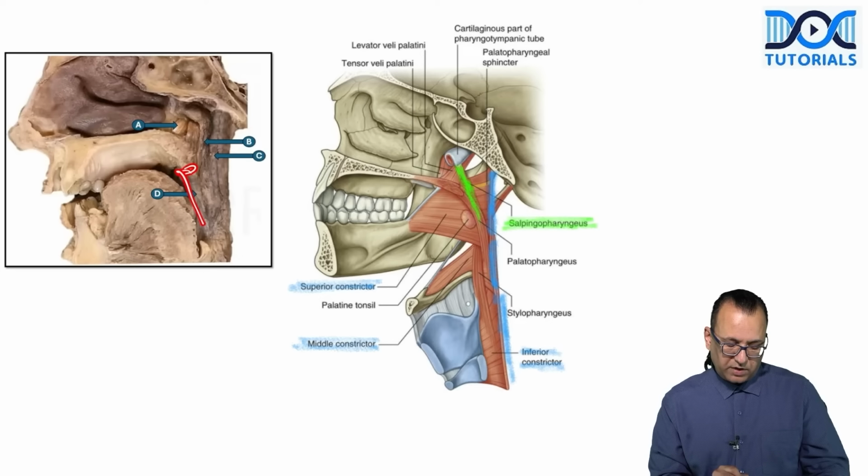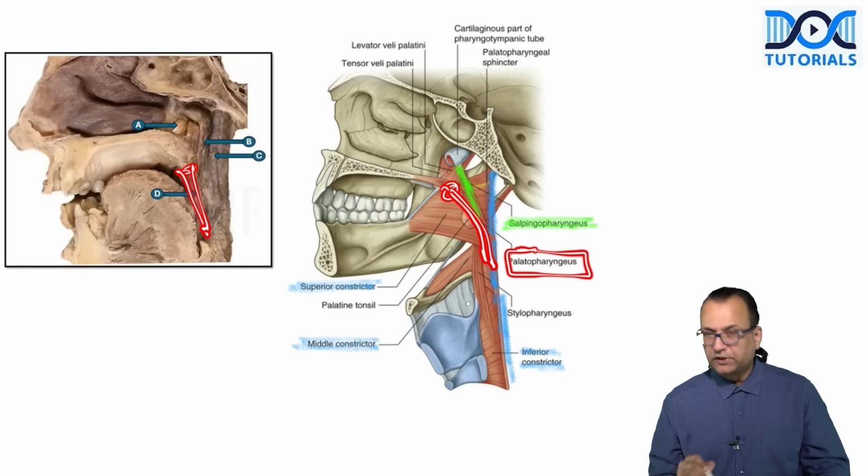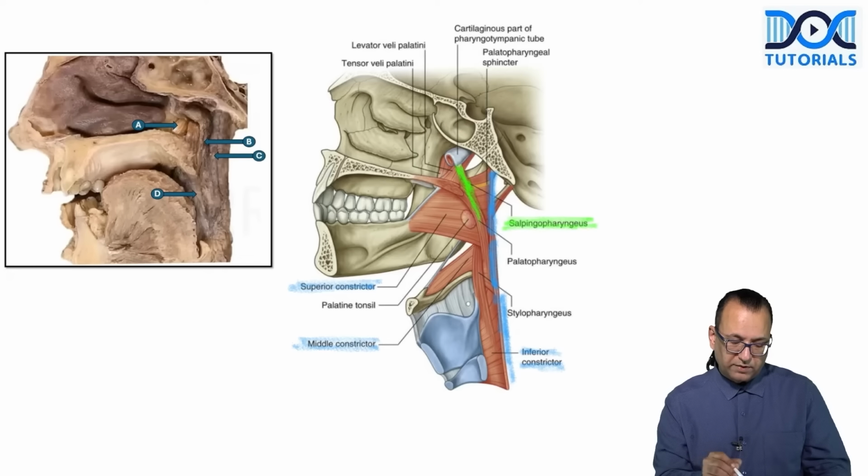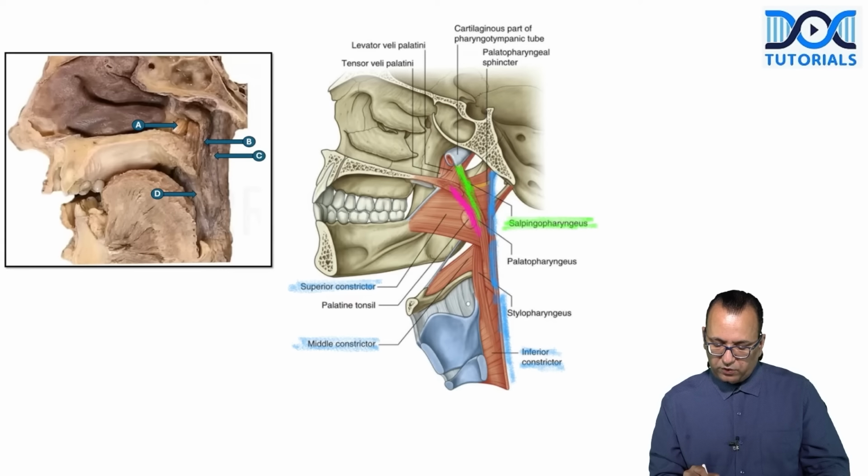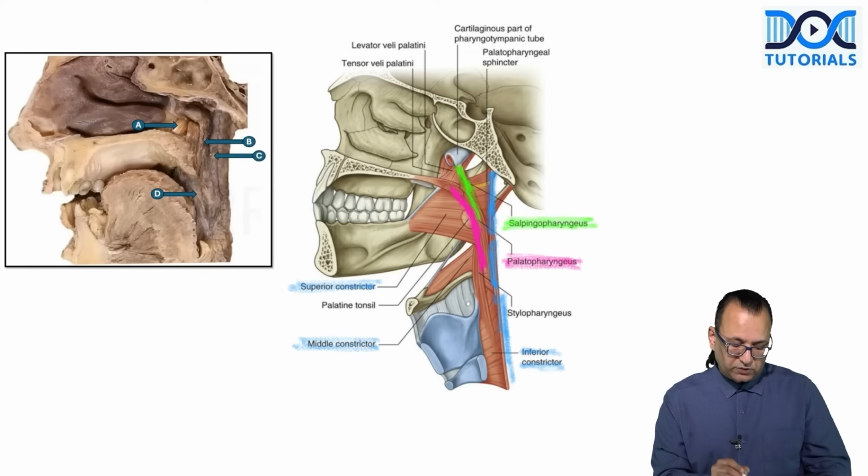Then what about this marker D? Marker D, you can see, is coming from the palate. So palatopharyngeus; let me color code it with some other color. Let us use pink. It comes from the palate and goes to the pharynx. So pink is palatopharyngeus. We have used blue for the pharyngeal constrictors, superior and middle, and green for the salpingopharyngeus.